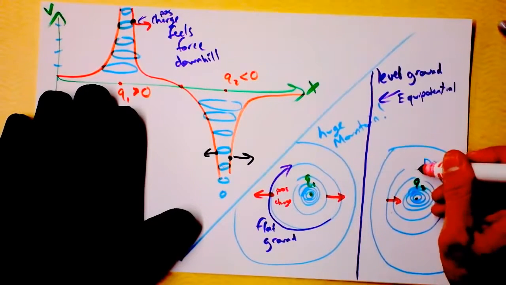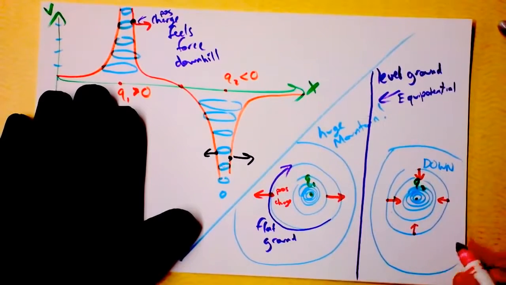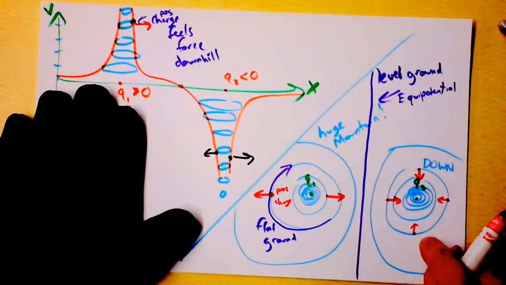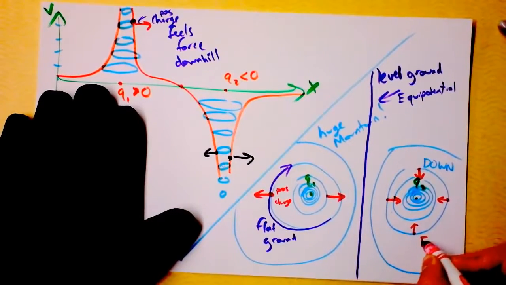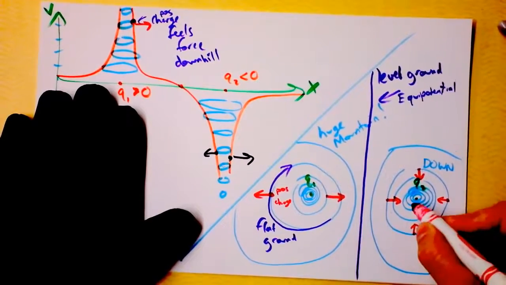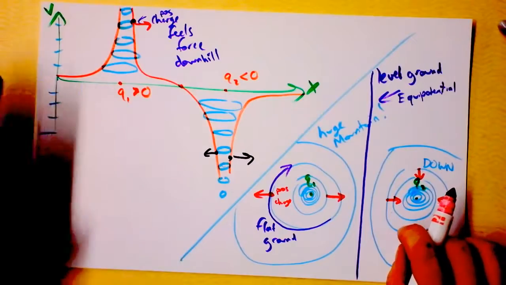So the cool thing about these forces that would be felt by a small positive test charge is that the direction of the force felt by the small positive test charge defines the direction of the electric field. So these vectors are, in fact, electric field vectors. And electric field vectors are always normal to equipotentials.